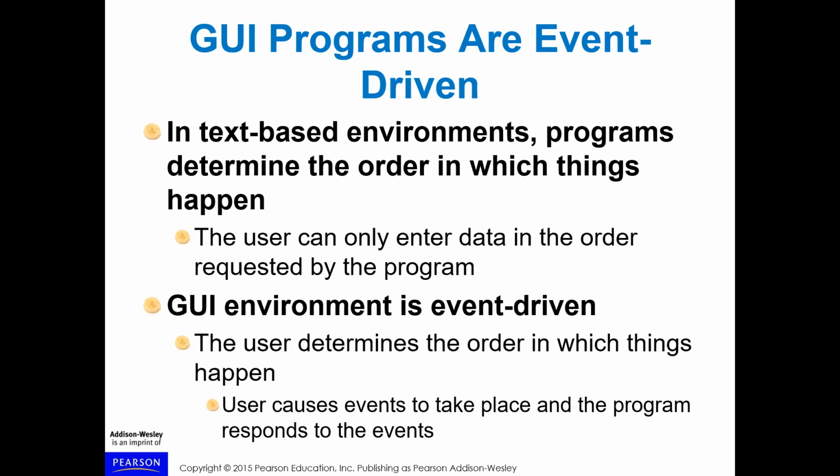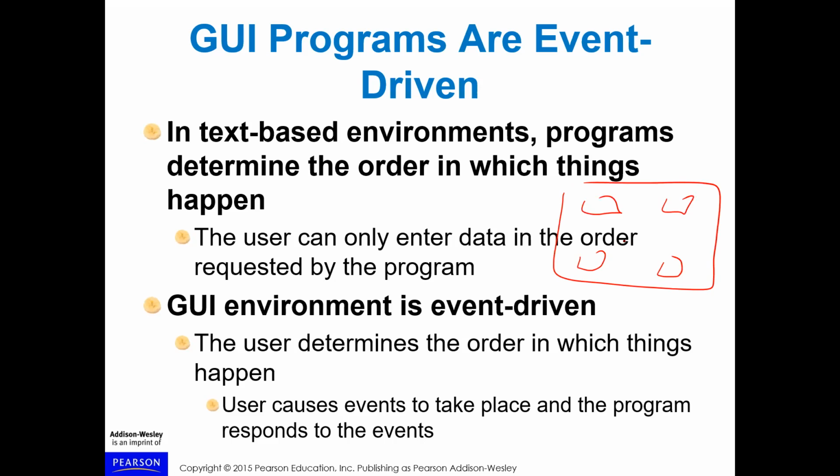In text-based environments, programs determine the order in which things happen. The user can only enter data in the order requested by the program. In a GUI environment, it is event-driven, so the user determines the order in which things happen, because there's a form and multiple buttons.